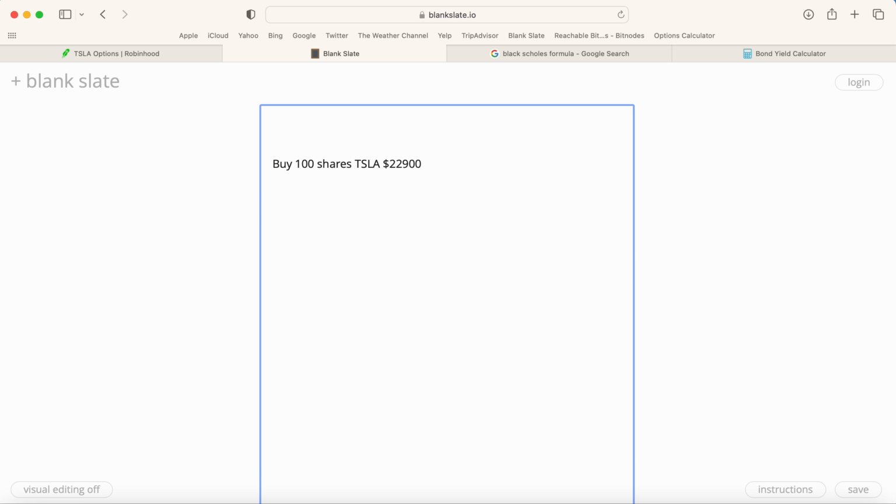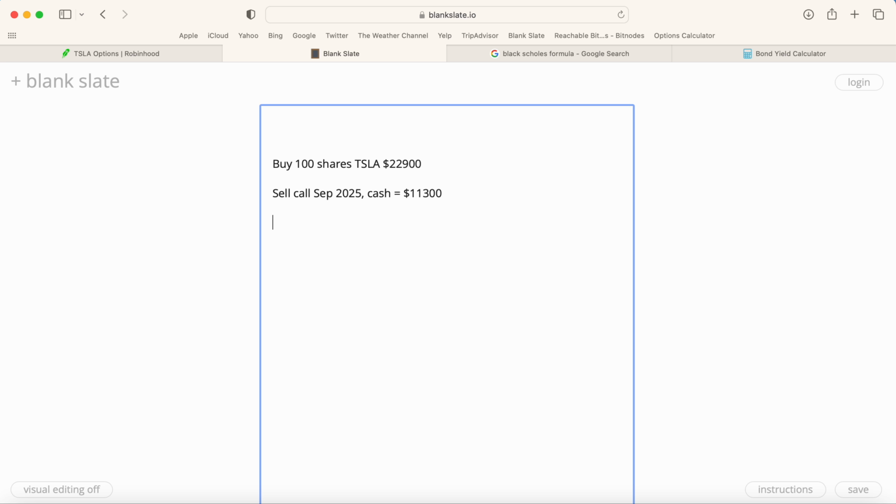Then immediately you are going to turn around and sell a call option deeply in the money for that 130 strike price. So you're going to sell a call. The call is going to be expiring in September 2025. And for that, you're going to receive a cash value of $11,300. That is $113 per share.